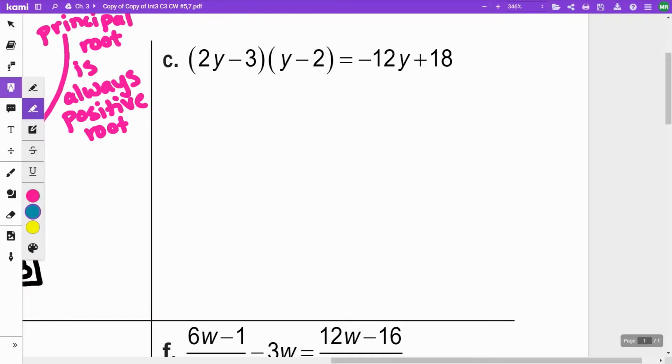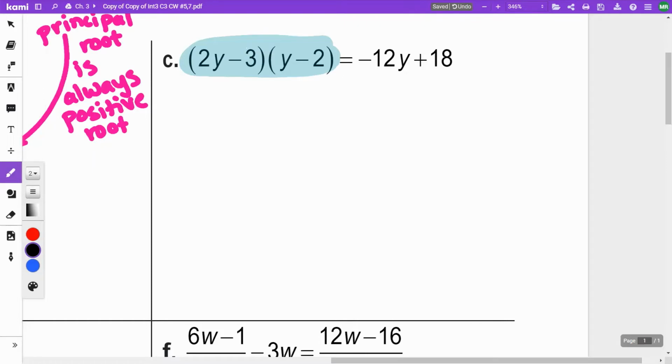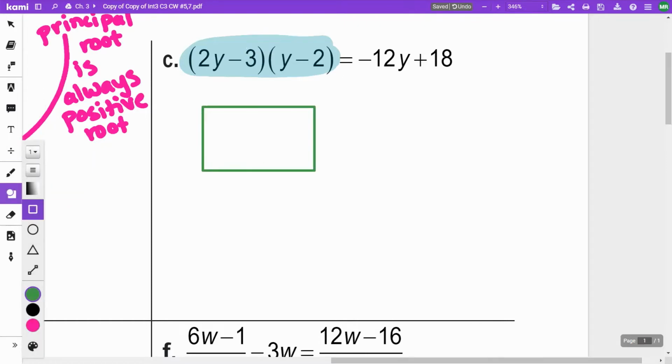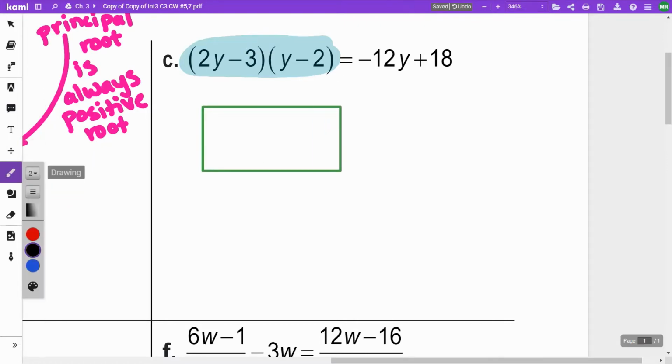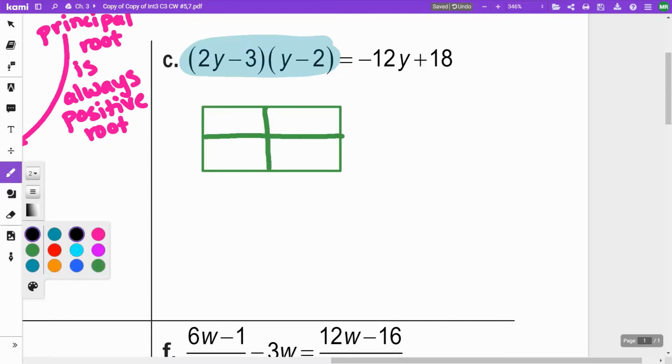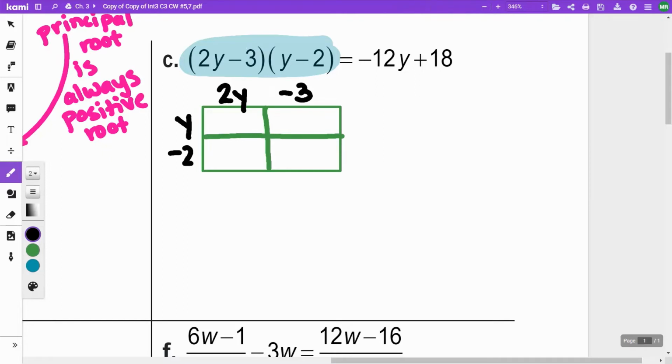So on letter C, I have to multiply out these two binomials. There's two ways to do it. One way is to do an area model where I am going to multiply those out. And so I am going to have a 2y minus 3 times a y minus 2.